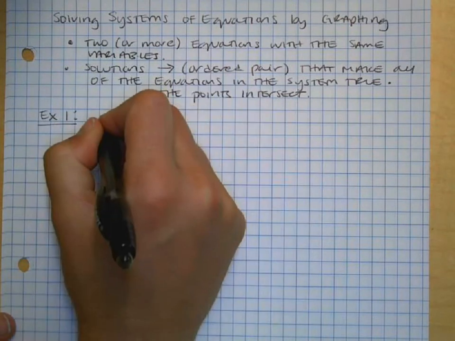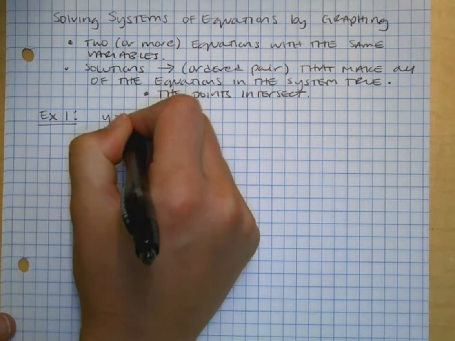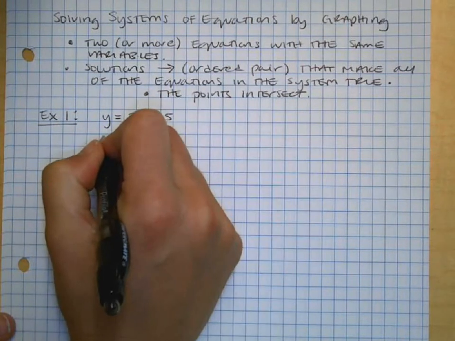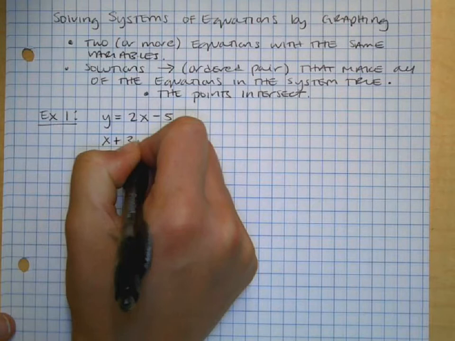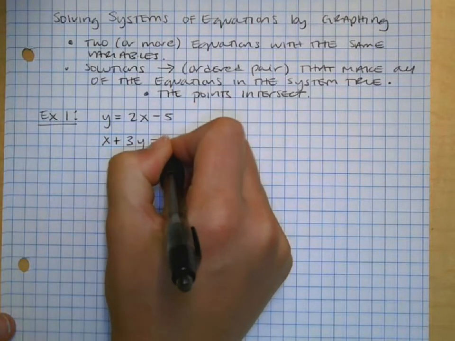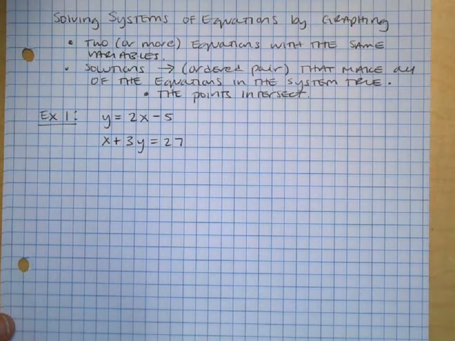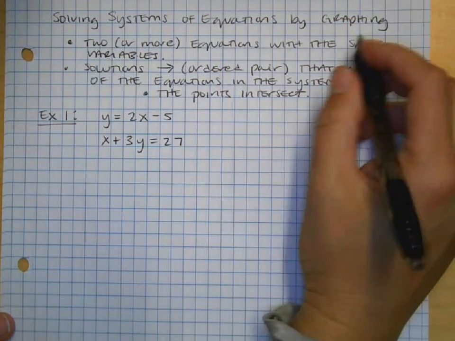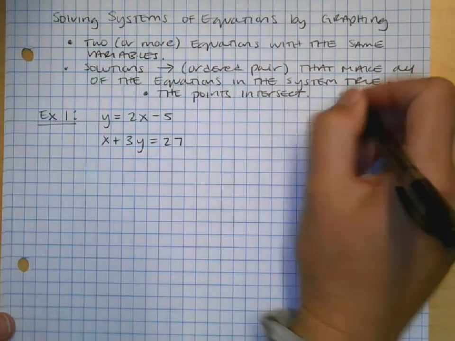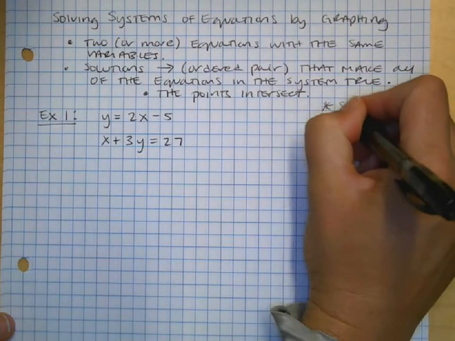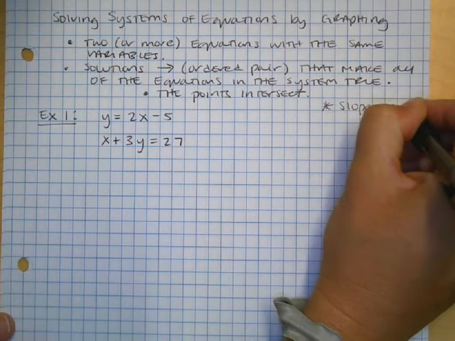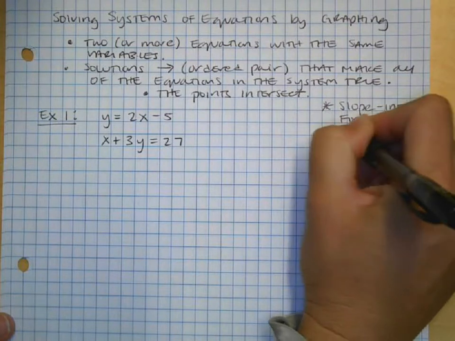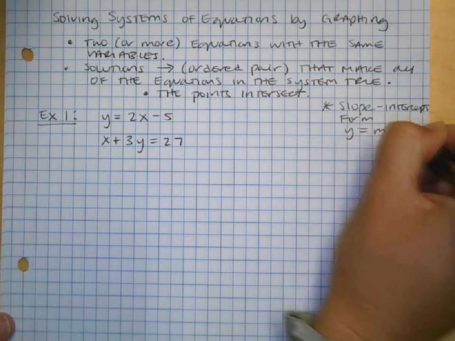We are going to have our equations y equals 2x minus 5, and x plus 3y equals 27. First, we're going to rewrite each equation into slope-intercept form, which looks like y equals mx plus b.